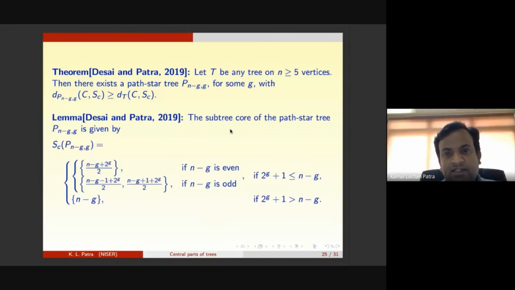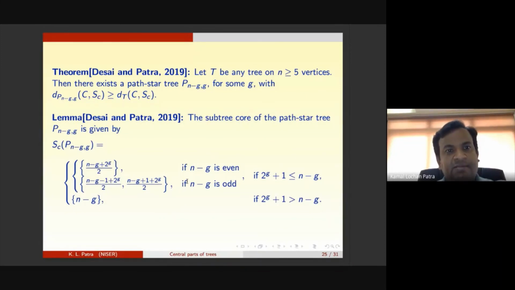Like center and centroid, even calculating the subtree core is a little trickier. A bit of calculation is needed, because for every vertex you need to find the number of subtrees associated with it. So for the subtree core, we proved that for a path star tree, the subtree core can be located in this way.